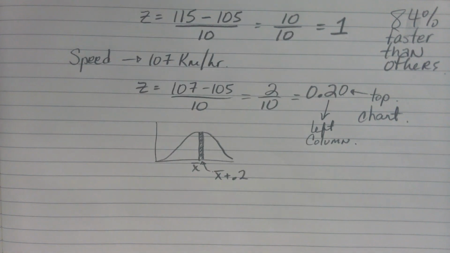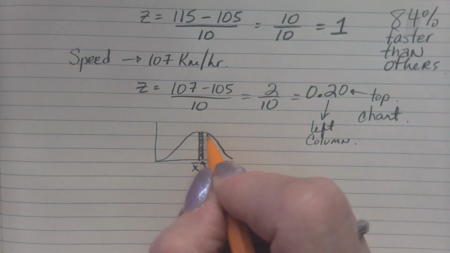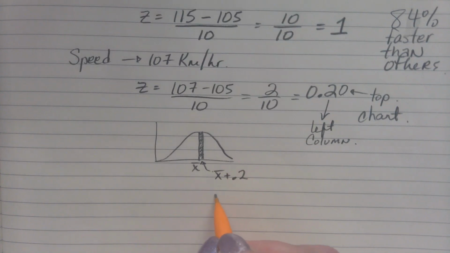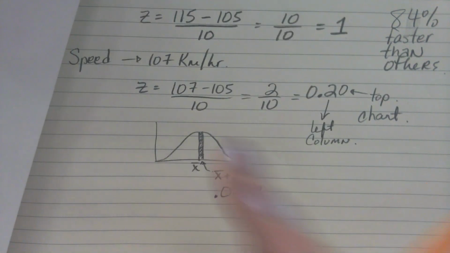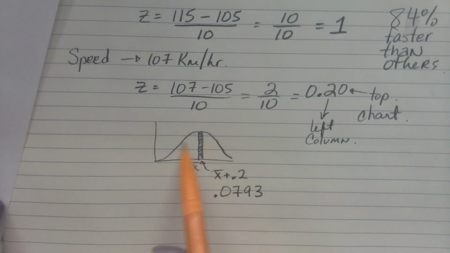And if I read it, did everybody find it? That piece right there was decimal 0.793. It is in decimal form, so you can figure out it's 7.93%. But does that mean only 7.93% of the people are below me? No. This chart is only from the center out to that line. I need to include everything here.